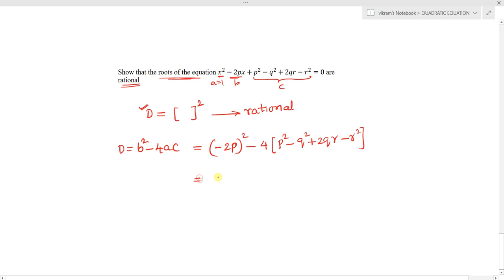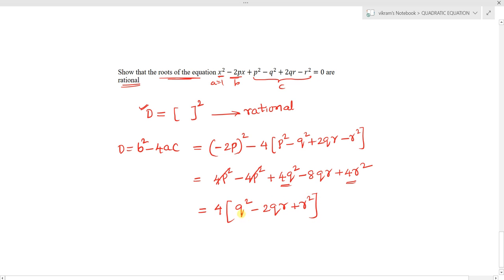So which can be written as 4p square minus, if we simplify this, minus 4p square plus 4q square, and we'll get over here minus 8qr, and minus into minus plus, we can write it as 4r square. Now the 4p square and minus 4p square will be cancelled out. If we take 4 common from this, we can write it as q square minus 2qr plus r square.